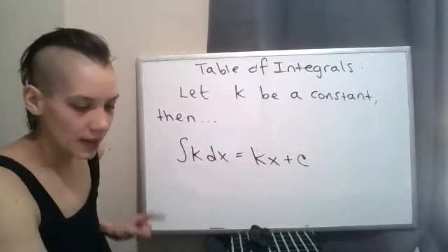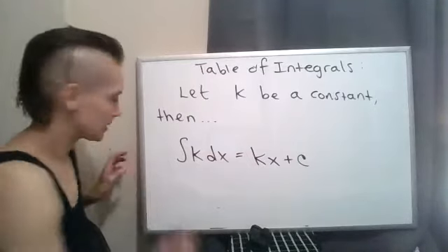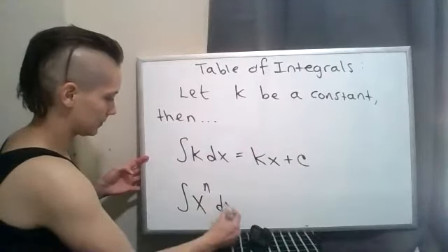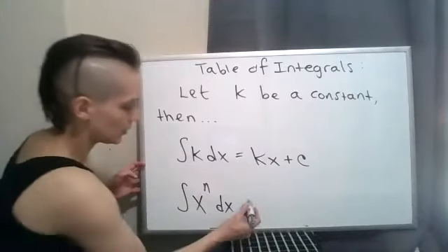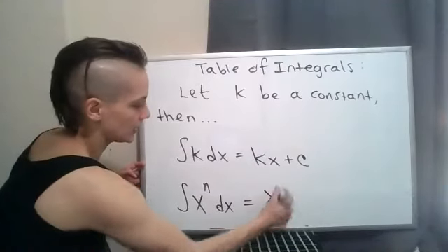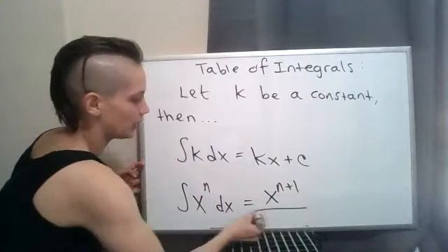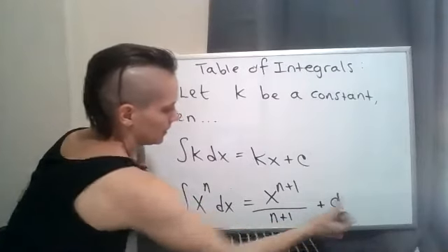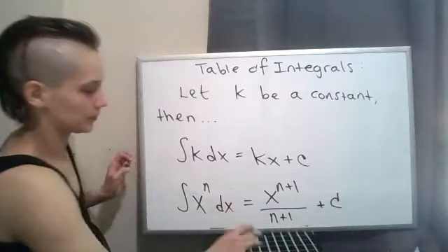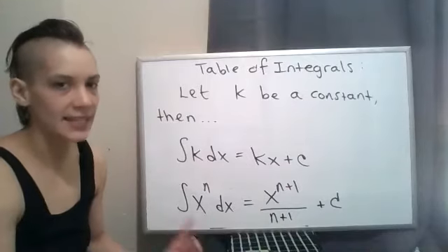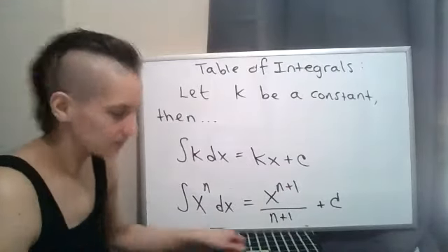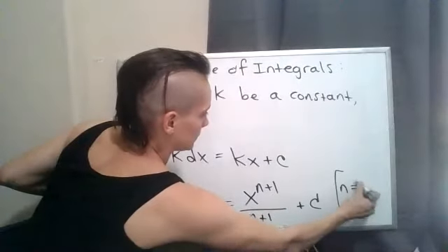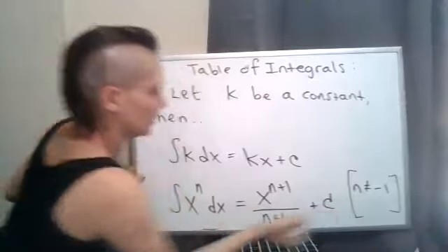Right. The integral of x to a power n dx is going to be x to the n plus 1 divided by n plus 1, then plus c. And then just a side note, n is not equal to negative 1. Okay.